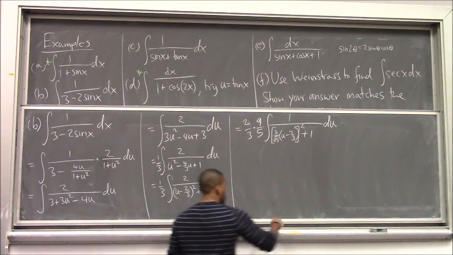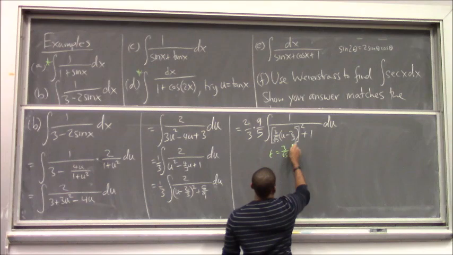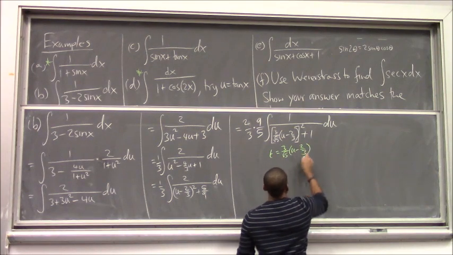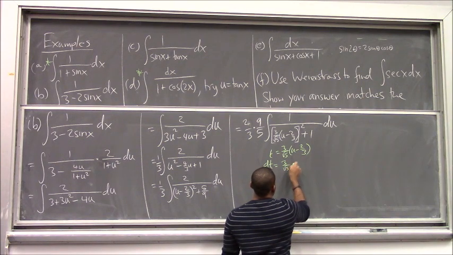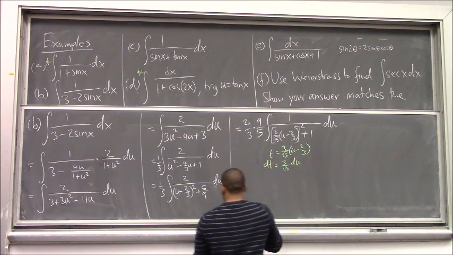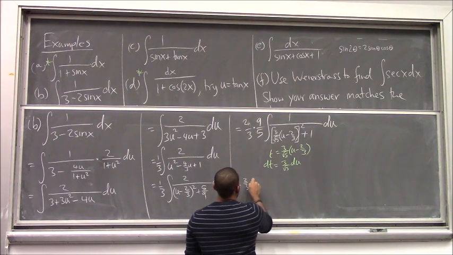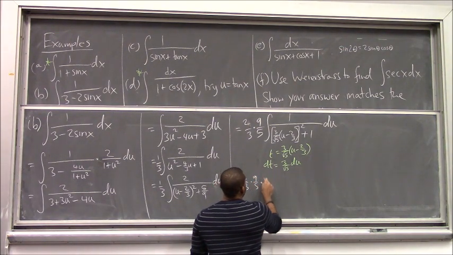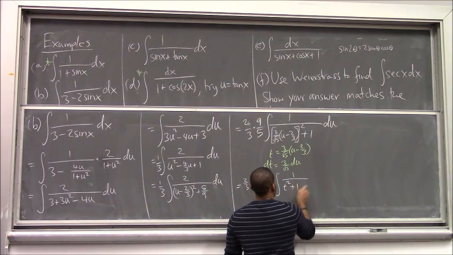You can actually see this by setting t equals 3 over radical 5 times u minus 2/3. Your dt is going to be pretty much 3 over radical 5 du. And so this guy would become 2/3 times 9 over 5 times radical 5 over 3 times 1 over t squared plus 1.